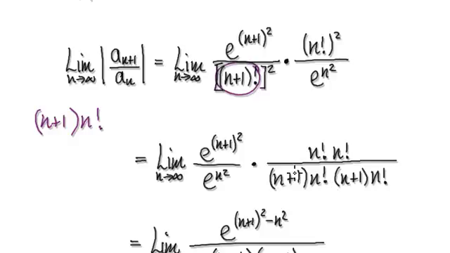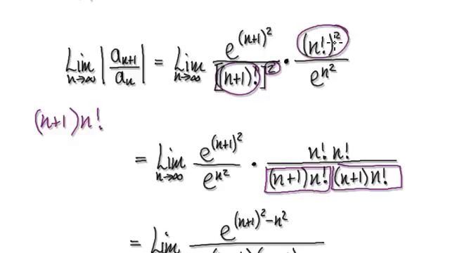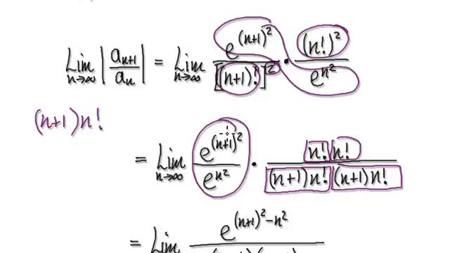So this thing here will be this block here. And when you square something, it means you times it by its exact same self, so visualize this as n factorial times n factorial, and let's just leave this as it is.